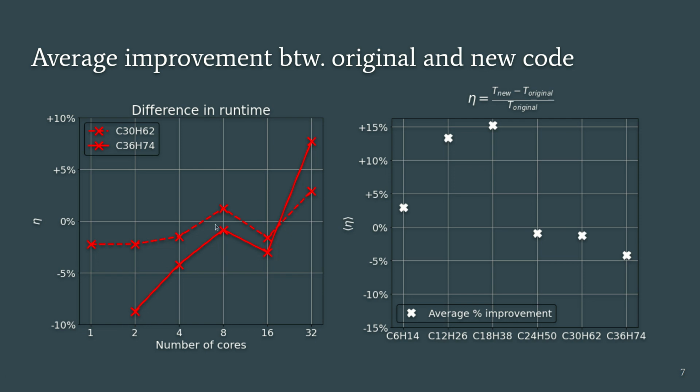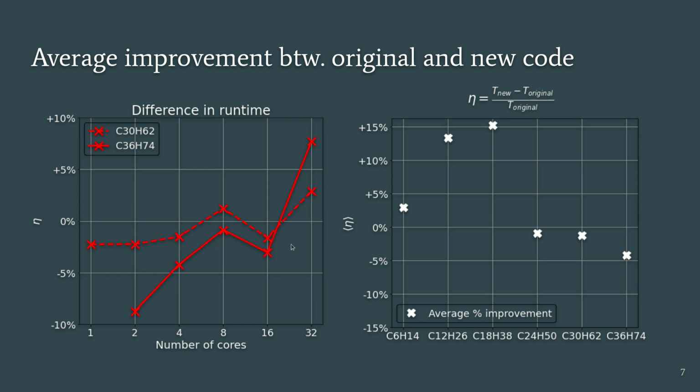And what we can see is that for some cases, this code indeed is faster. And we can see that for the larger molecule, it's almost all the time faster, except for the 32 core case.